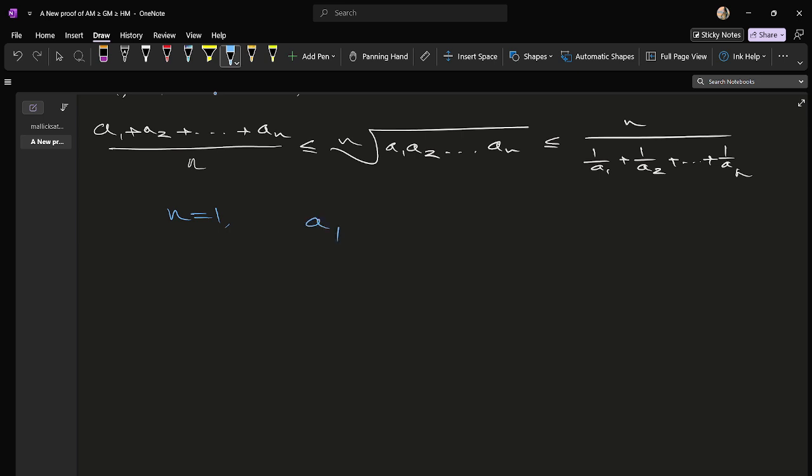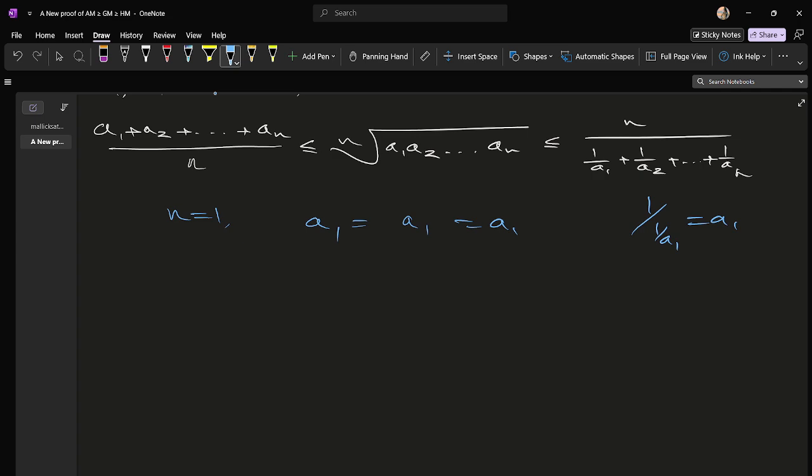The arithmetic mean remains the same, the geometric mean is the 1st root of a1, so that is also a1, and the harmonic mean is 1 by 1 by a1, so that is also a1. So AM equals GM equals HM holds here for the trivial case n equal to 1.